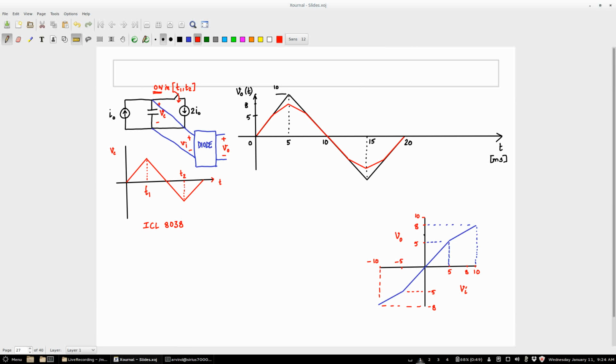Ideal current sources. The voltage drop across the capacitor. Just think about that. No, in this particular situation. Okay, let's just think about that. What are you saying?